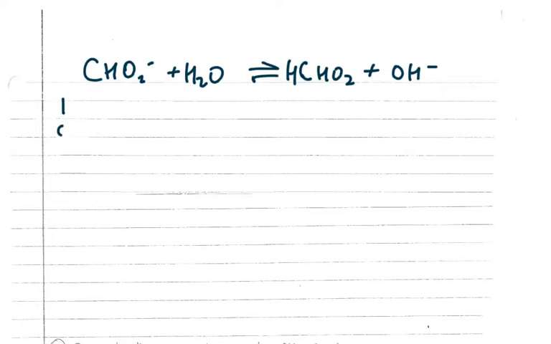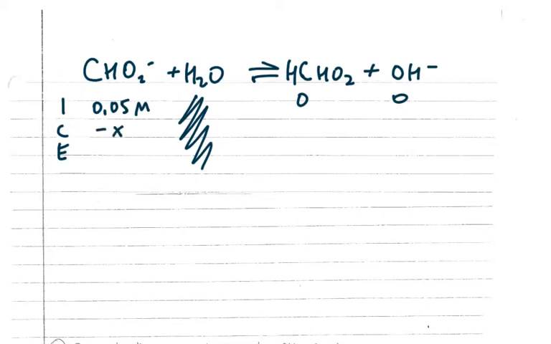We just calculated that the concentration of this base at the equivalence point is 0.05 molar. We don't care about water. This is 0. So this is going to go down by some amount, and these are going to go up by some amount, and we'll end up with some final equilibrium concentration of hydroxide, which is going to make this, at the equivalence point, a little bit basic. So this will be 0.05 minus X.